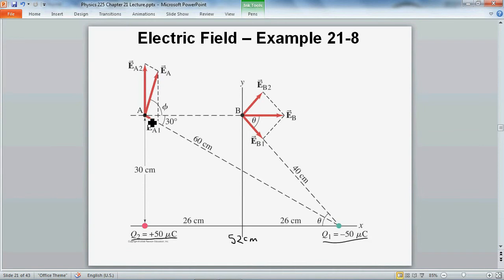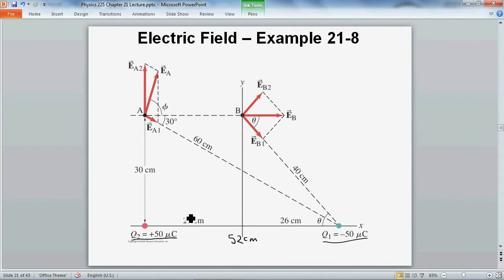And we have this vector pointing back towards charge 1. That's the electric field at point A due to charge 1. And then we have the resultant E sub A, which is the resultant vector. And we have the vectors here for point B, which is equidistant between these two points, but above the axis.